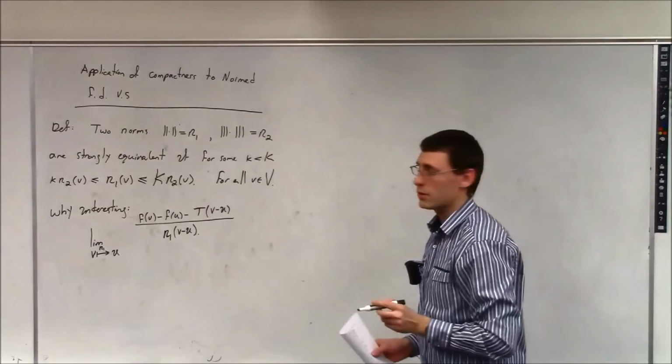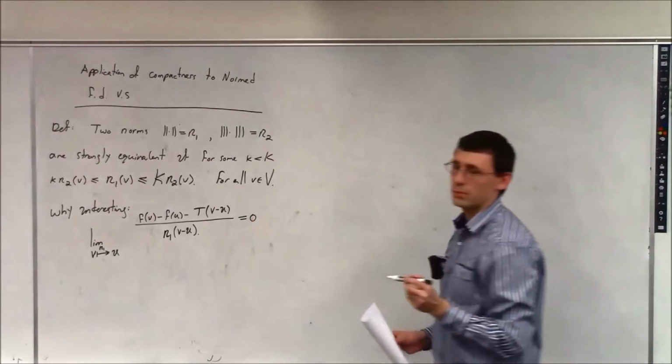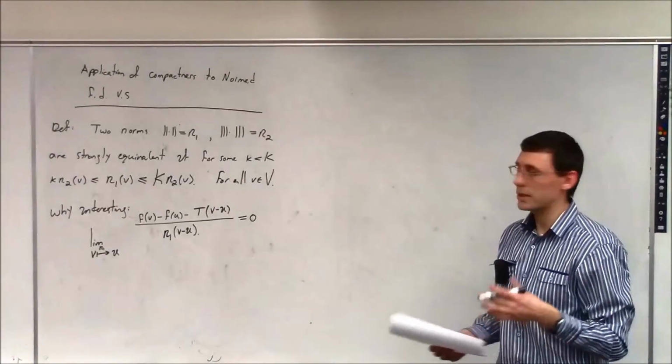That will be the definition of the derivative. Should the numerator be equal to 0? No, the numerator doesn't have to be taken in the norm. There is no need for it. The denominator has to be.